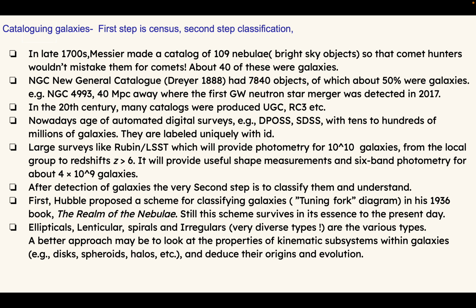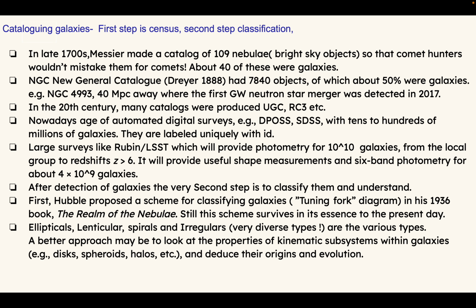This cataloging and census-making started in the early 1700s, where Messier made a catalog of 109 nebulae so that the comet hunters would not mistake them for comets. In 1700, there were around 40 such Messier objects.